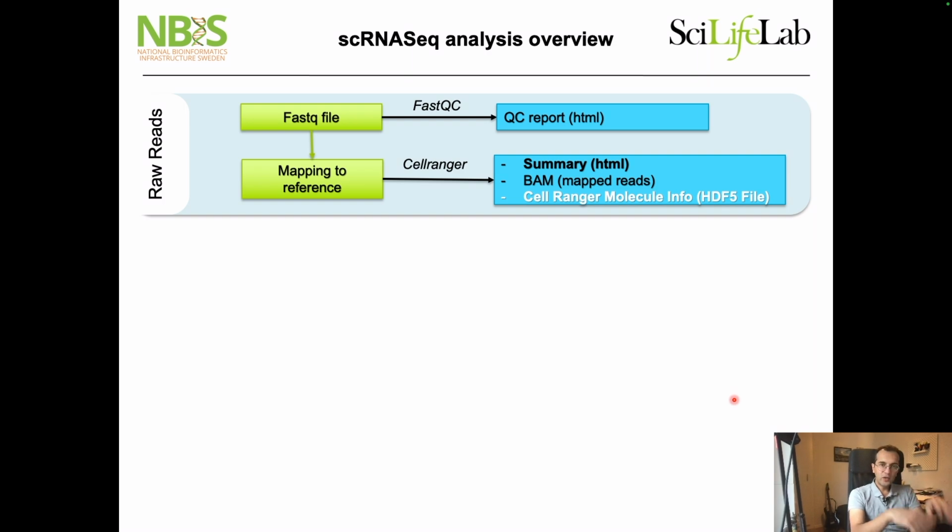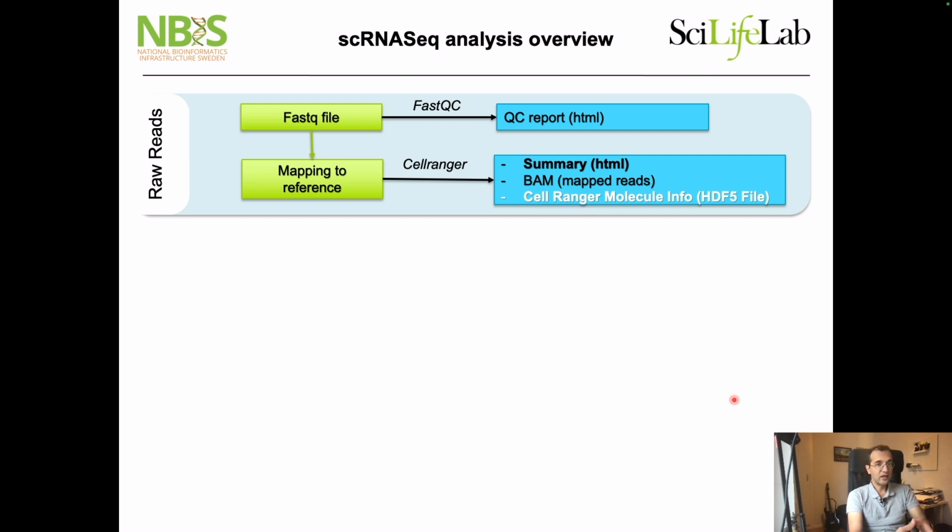So I will very quickly go through the analysis workflow, which starts with the raw reads. Based on the answers that you gave, I think you're more familiar with FASTQ files. You can check the quality of the raw reads by FastQC, and the first step of the analysis is to map the raw reads to the reference genome. And if you have 10x data, you use CellRanger, which gives you a summary HTML.